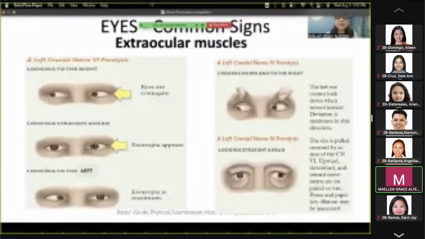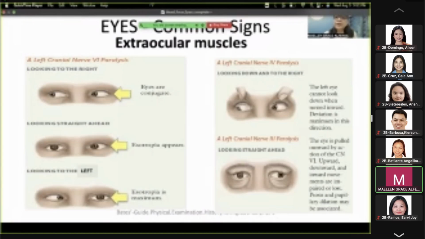But looking straight ahead, you will see already an esotropia or a medial deviation of the affected eye. Now, when the patient has to look to the left, then the esotropia is maximum, wherein there is actually no movement to look to the lateral side, okay, to the left side.